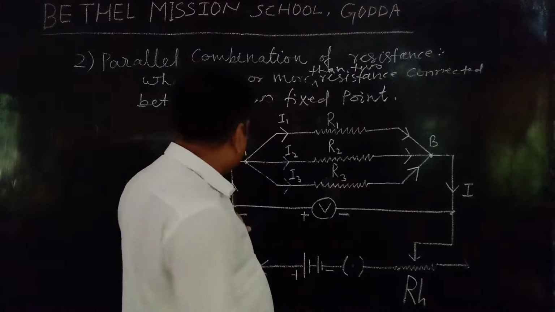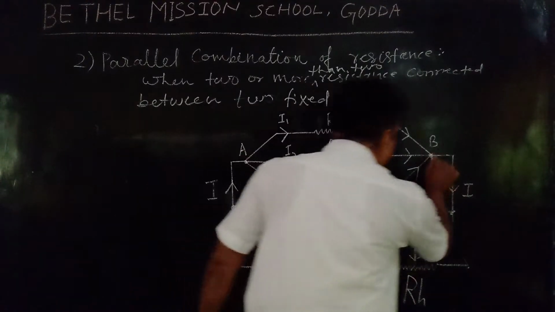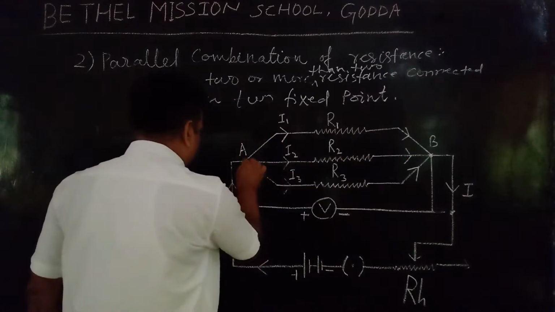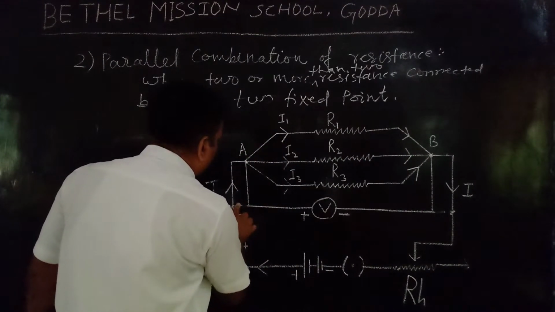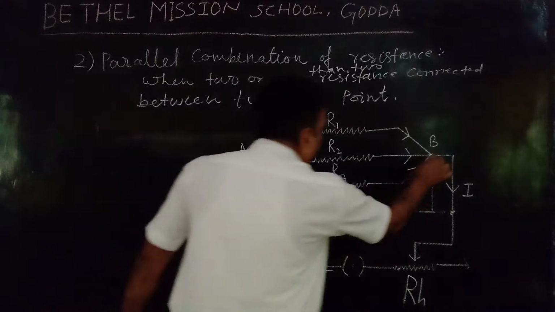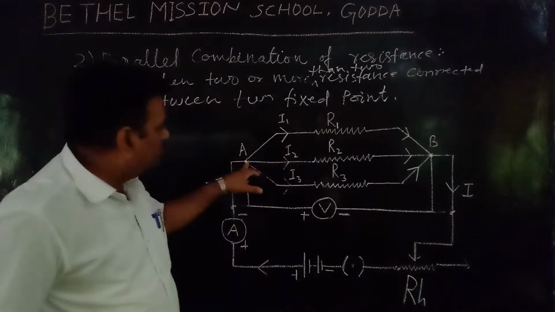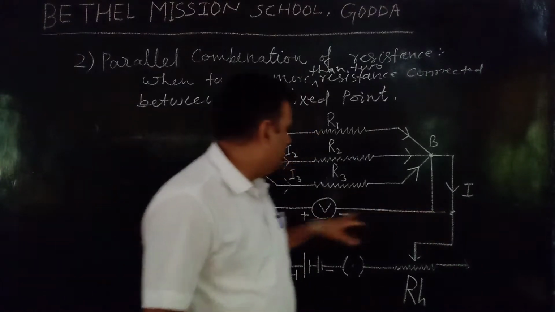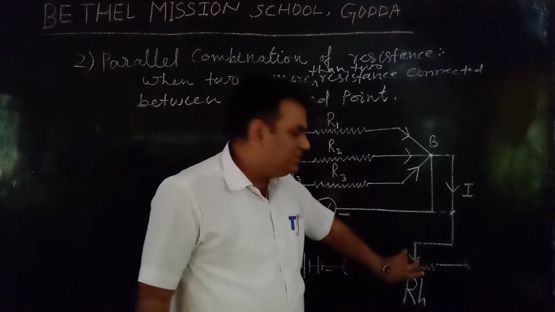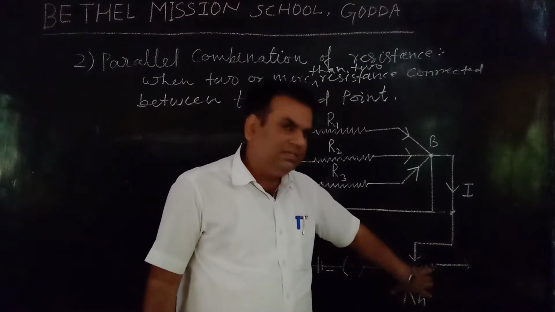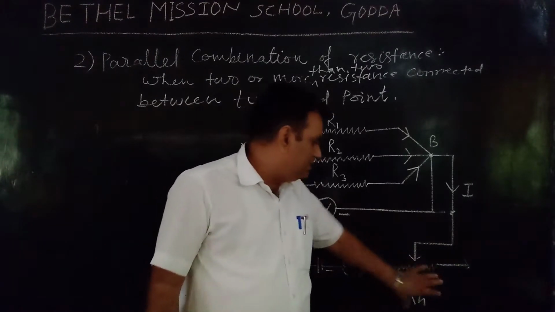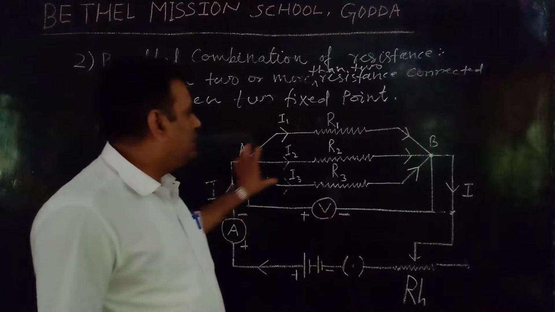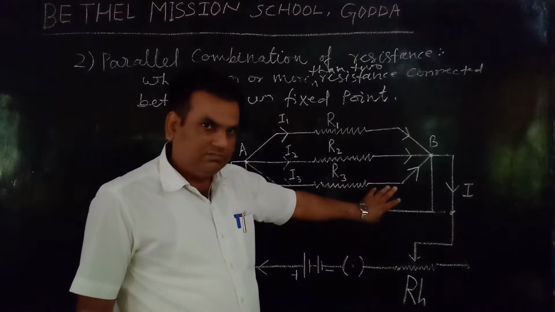We can connect the voltmeter between these two points, or we can connect it on either this side or this side. The rheostat is an apparatus whose work is to control the current flow through this circuit.